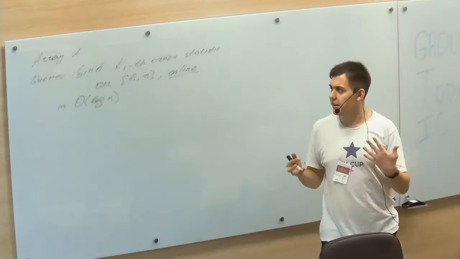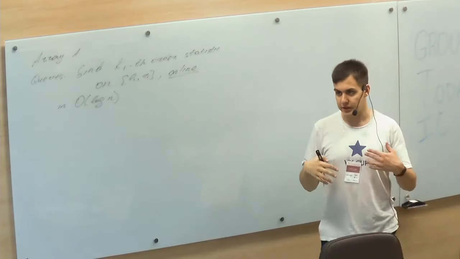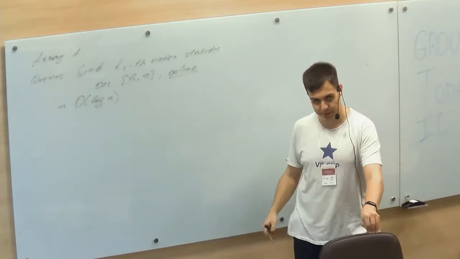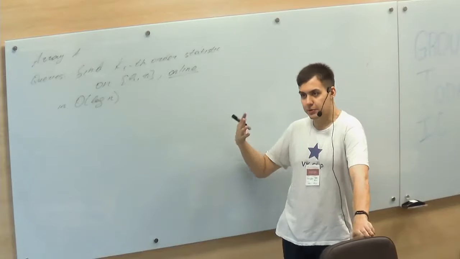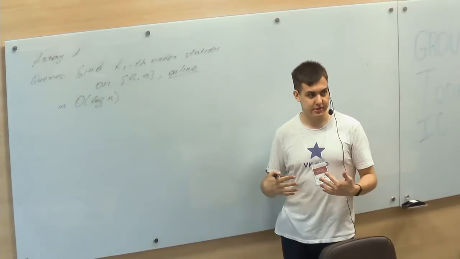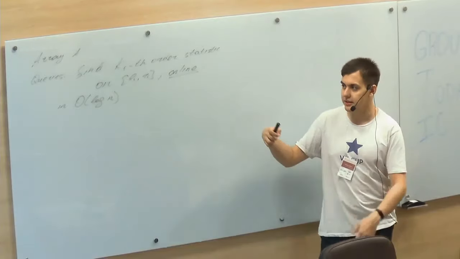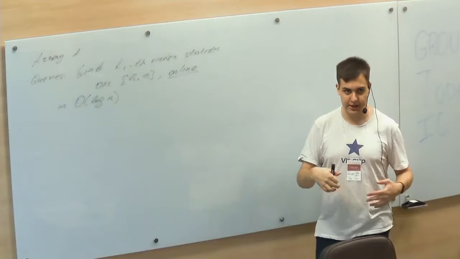By the way, usually online is implemented either through interactive queries, so you have to submit your answer to the previous query before you get the next one, or the next query is somehow decoded using the answer to the previous query. So you calculate the answer to the first query, using that answer you decode the second query, and so on.